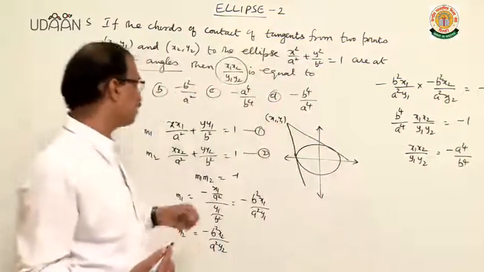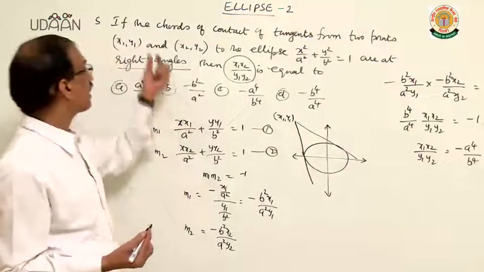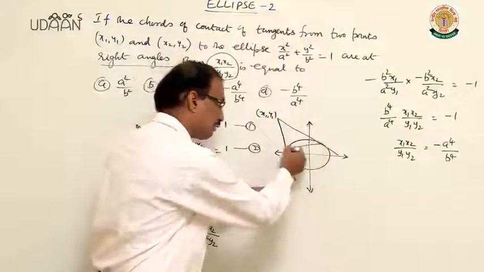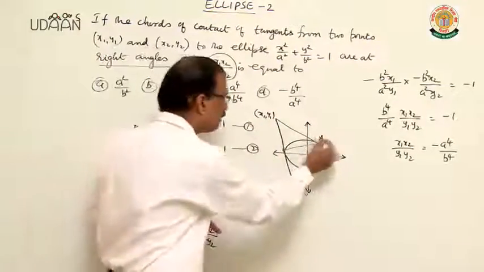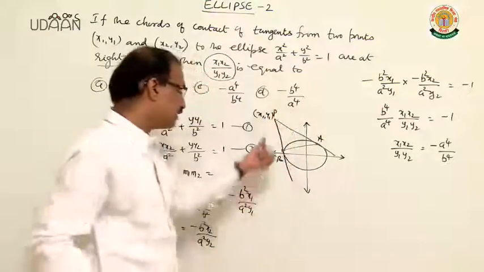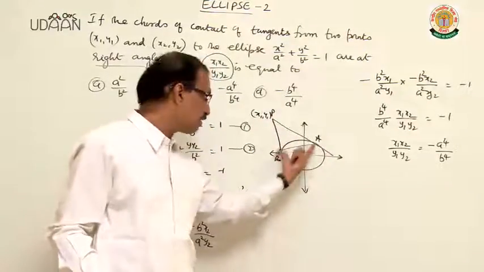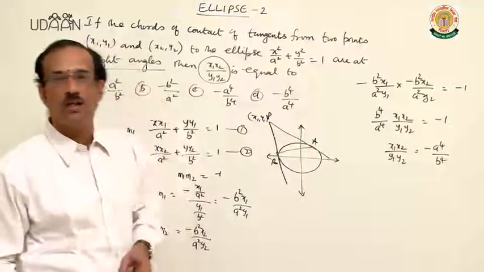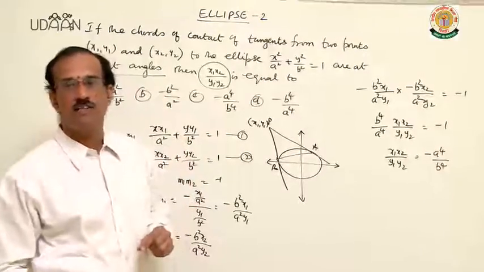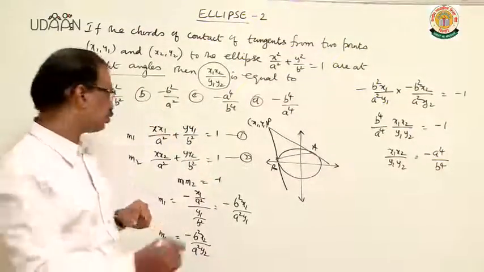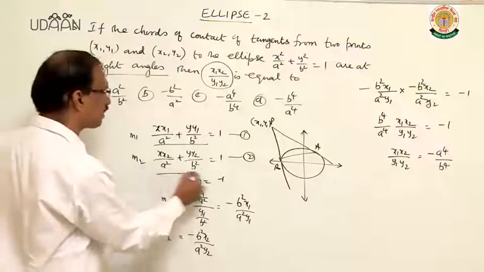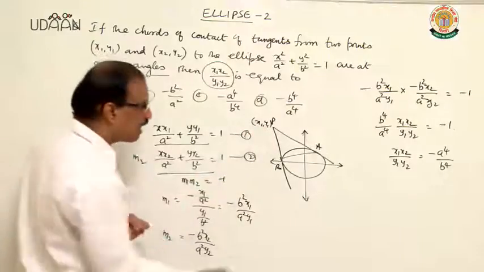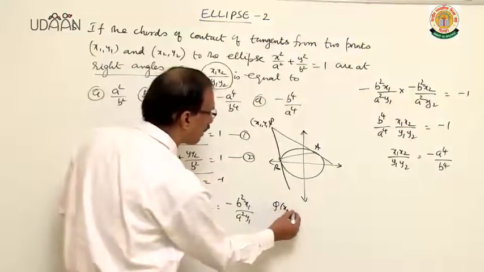What we have used is the equation of the chord of contact of tangents. So this is your chord of contact. If you say A, B and P, these tangents are drawn. The equation of a chord of contact looks like the equation of a tangent at that point x1 y1. The tangents are drawn from the point P of x1 y1, and another point Q of x2 y2.